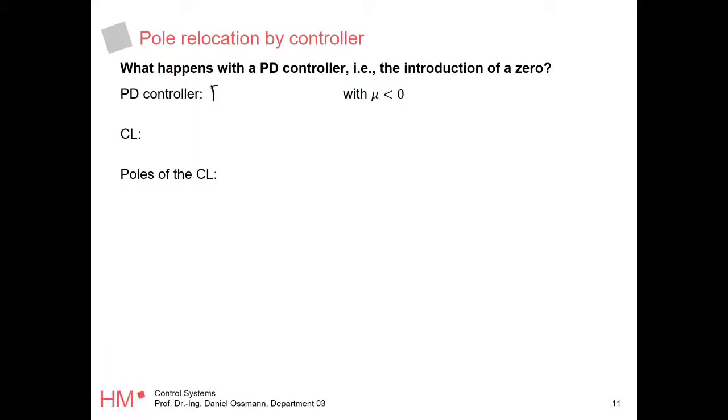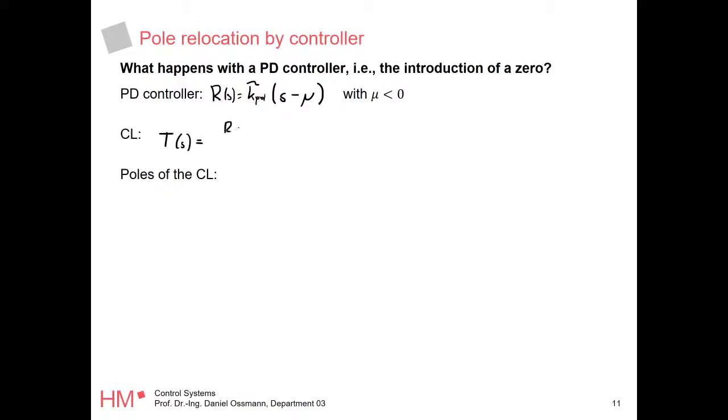Okay, so now instead of a proportional controller, let's say we have a PD controller, and a PD controller has a gain and it has a zero. And now we are not using this zero to cancel anything. We are just leaving it there. Okay, let's compute again the closed loop.